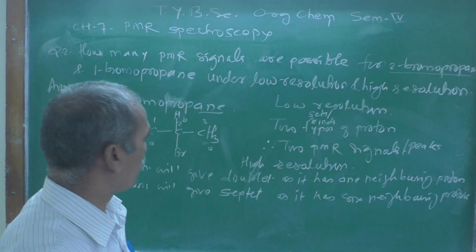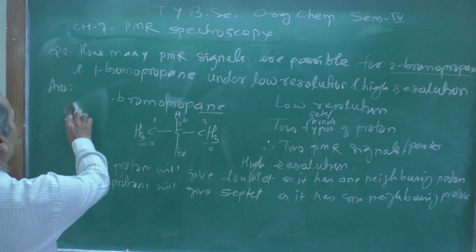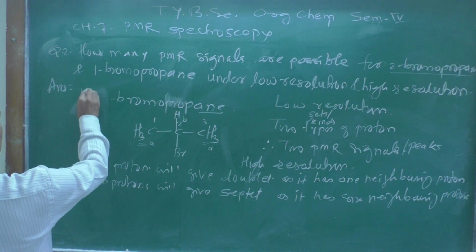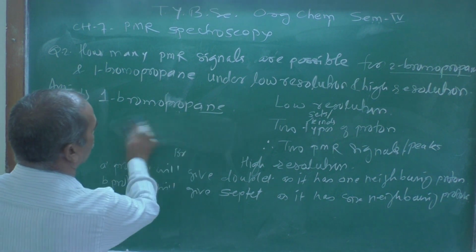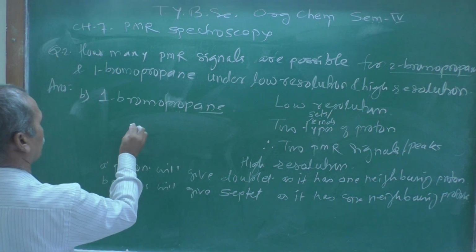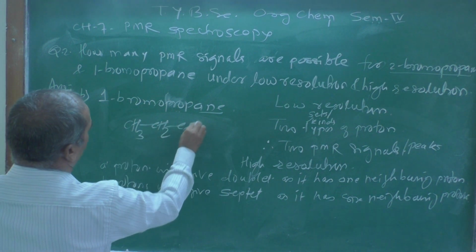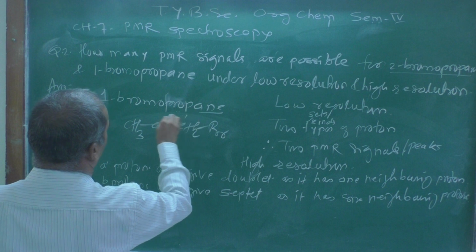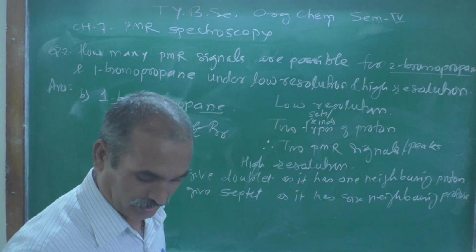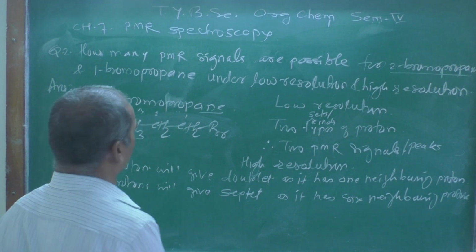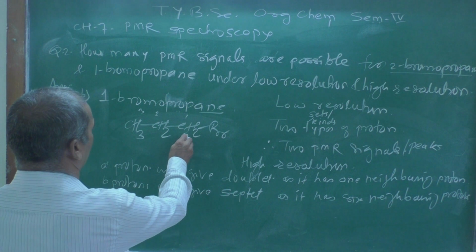Now let us move on to the next one, that is 1-bromopropane. Here is the structure of 1-bromopropane: CH3, CH2, CH2Br, 1, 2, 3. Now how do you write here? At low resolution, how many types of protons are there?